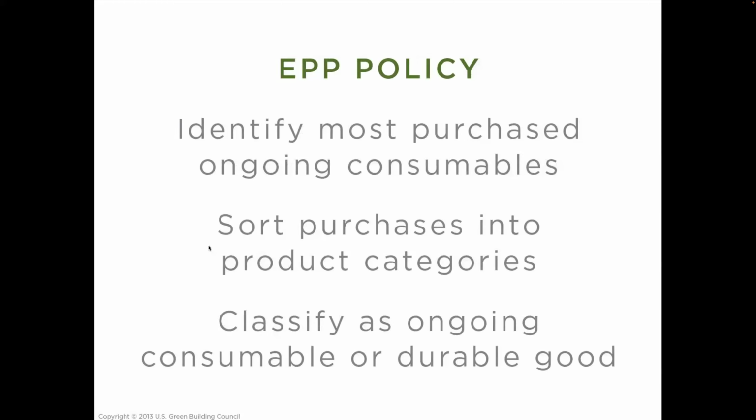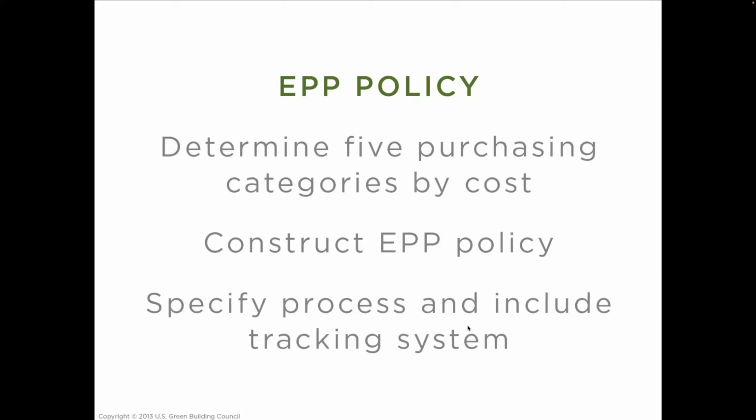Sort purchases into product categories, paper, drinks, whatever the categories are. And then classify as ongoing consumable or durable goods. Durable goods are like chairs, computers, things that are just not consumable. All right, determine the 5 purchasing categories by cost. Construct your policy, and then specify a process that includes a tracking system.